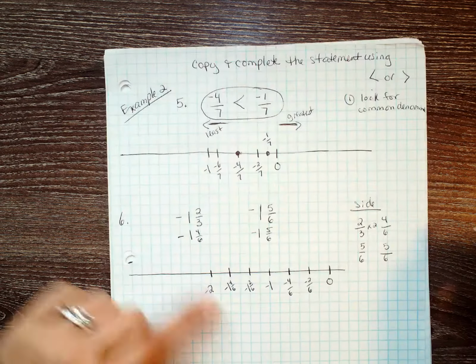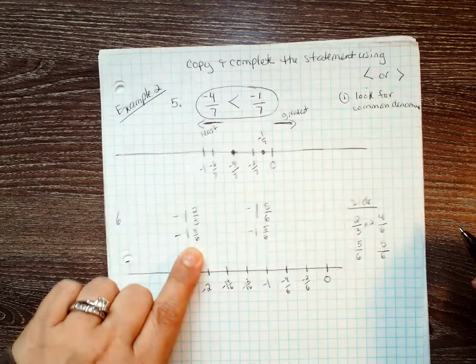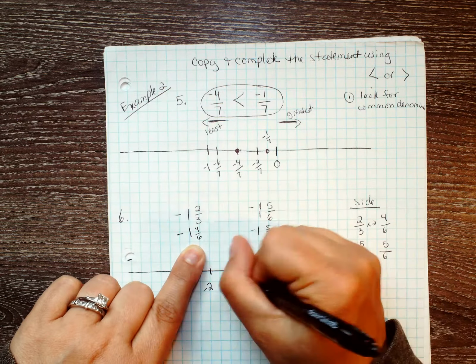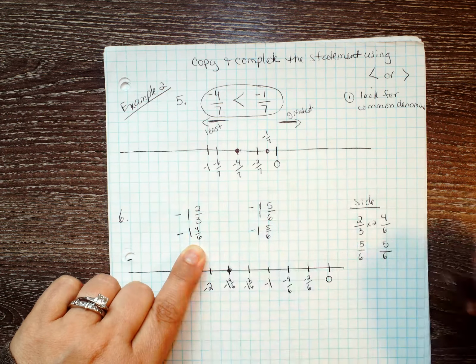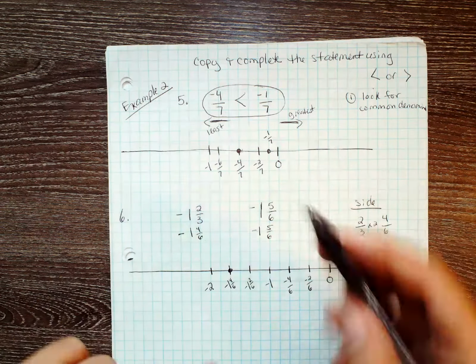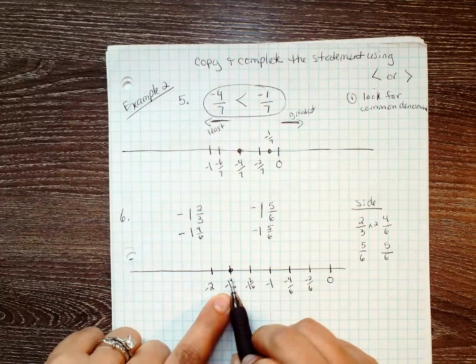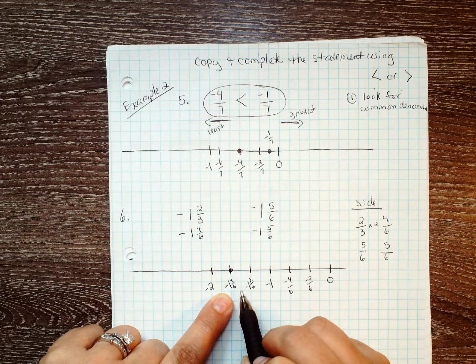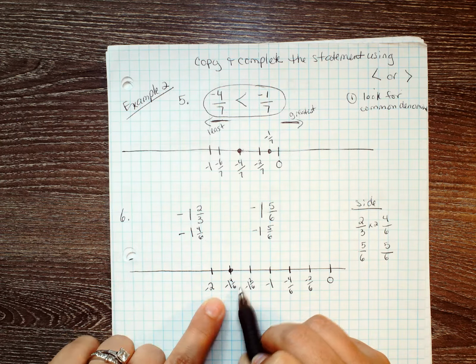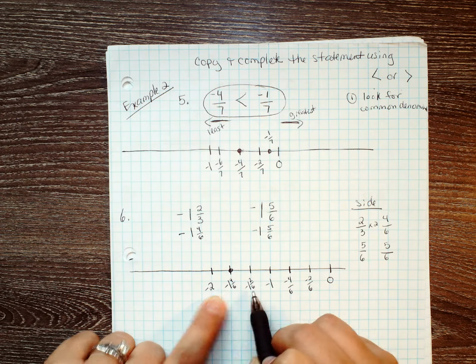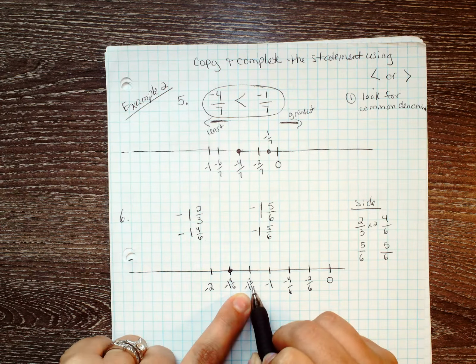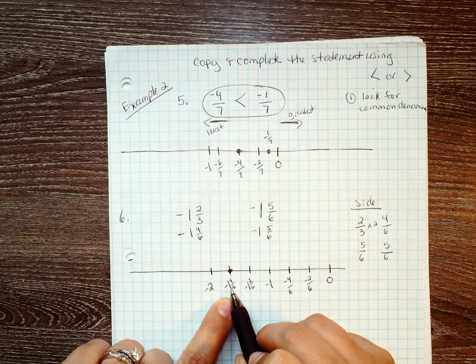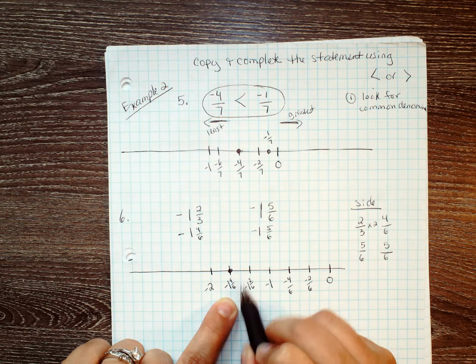Okay, so let's find them. So -1 2/3 is really -1 4/6. So that's here. And then -1 5/6. So if this is -1 4/6, you have to think out loud a little bit. Is this -1 5/6 or is this -1 5/6? Well, if this is -1 2/6 and this is -1 4/6, that means this is -1 3/6.